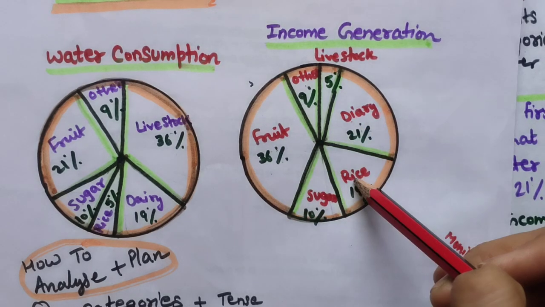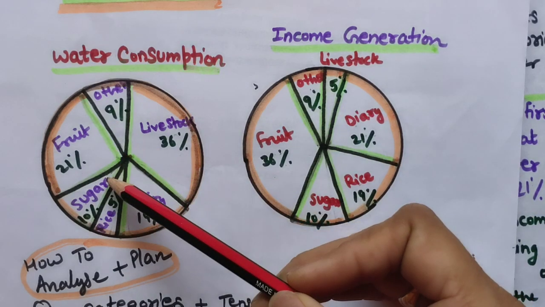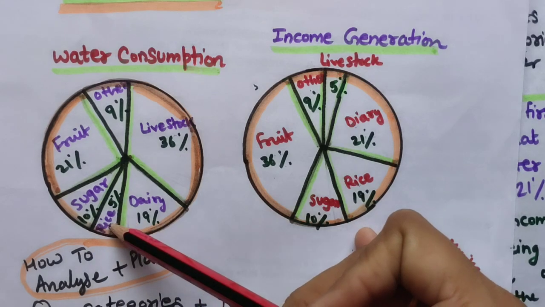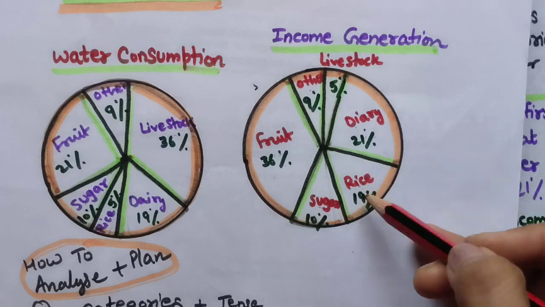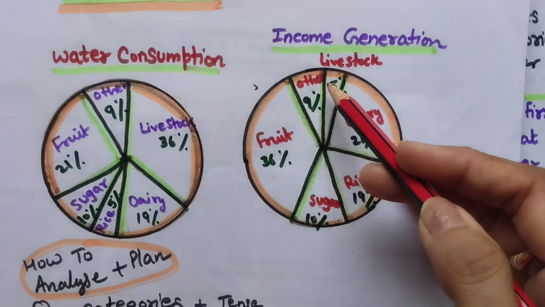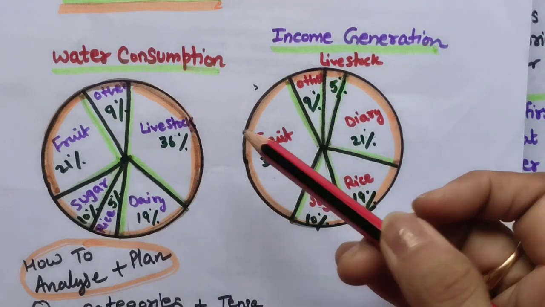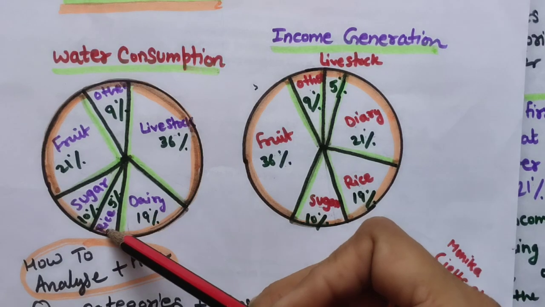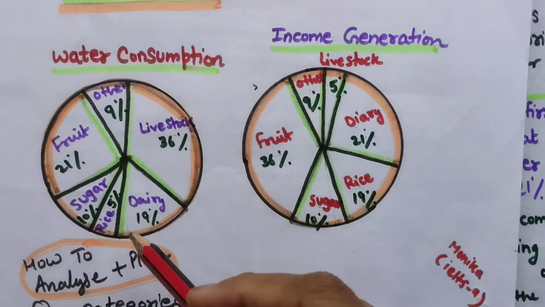The last 3 categories carry almost the same kind of figures: other 9%, sugar 10%, rice 5%. But here rice is in third place, which means the category has changed: other, livestock and sugar. So these three categories are the least. The least one here is 5%, and it is rice, meaning rice plants have the lowest water consumption.